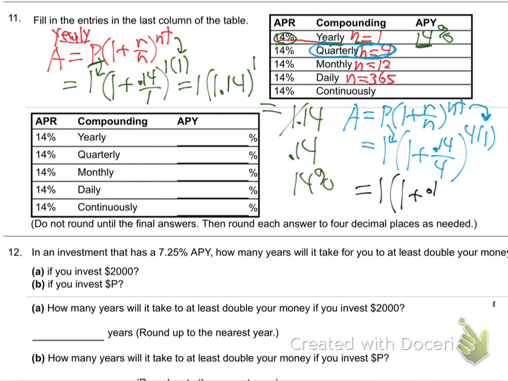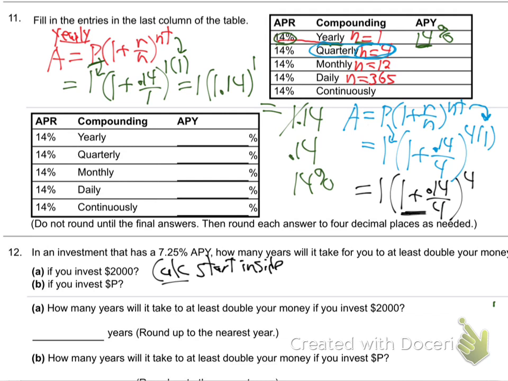So I'm just going to put this in my calculator, basically. Here's the easiest way, I think, on the calculator. Start on the inside, meaning I would start right there, because I want to show you how to do it so you don't have to mess around with all those parentheses.